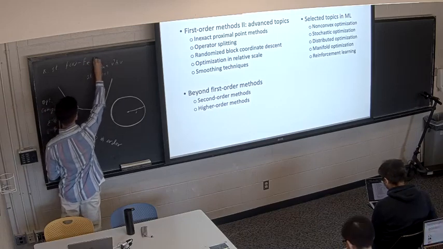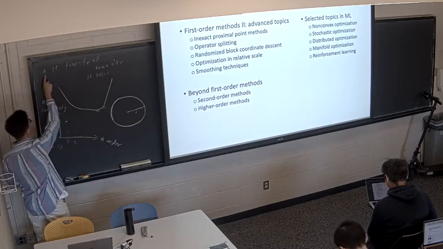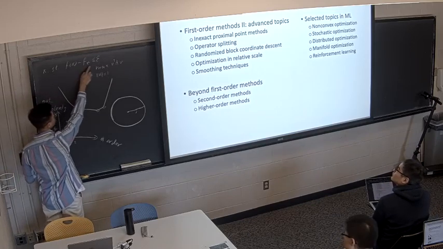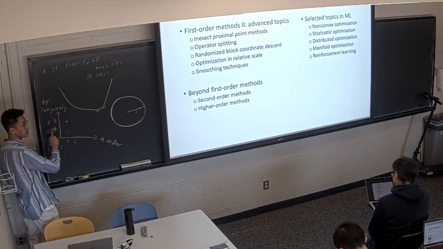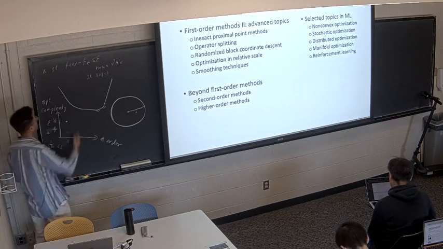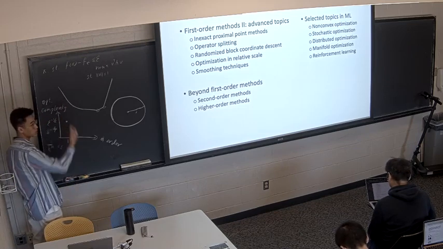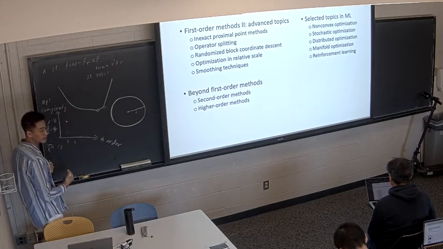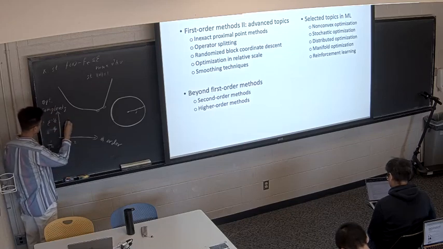For any epsilon greater than 0, if you want to find a point x such that the optimality gap is smaller than epsilon, then this is your complexity. So basically, this quantifies how many iterations you need to perform to find such a point. We will give a more rigorous discussion about this with mathematical definitions. But this is just to give you an idea. So this is the optimal complexity for first-order methods.